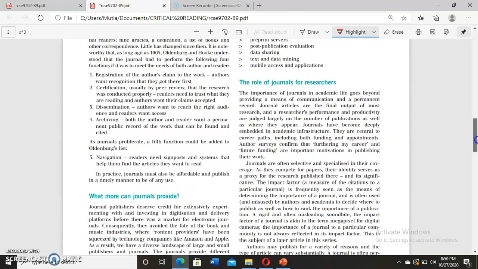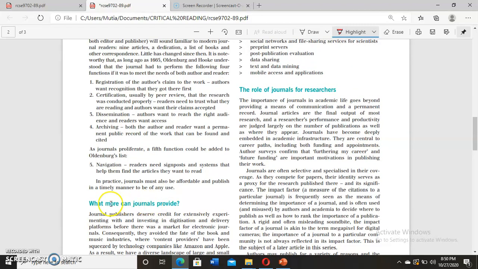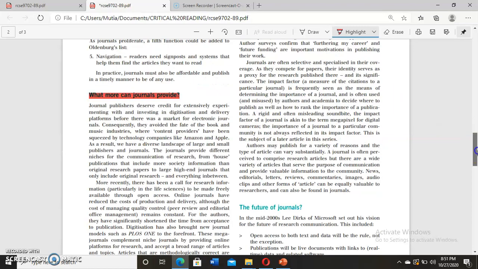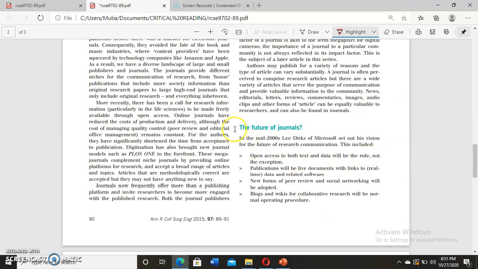Secondly, what more can a journal provide? What role do journals have for researchers? The future of journals. Okay, these are the key headings.